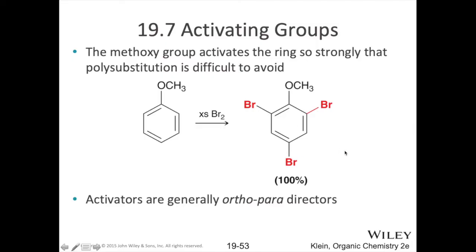Okay. Notice again that just like our methyl group earlier, like alkyl groups, the methoxy group is still an ortho para director. Okay, so our new substituent comes in selectively at those ortho and para positions, but not the meta position.